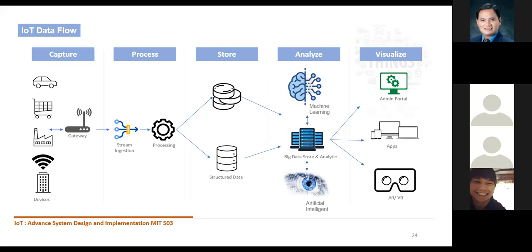Stream ingestion processing, storing structured and unstructured data, then machine learning, big data store and analytics, artificial intelligence, where you see all the algorithms it runs. It computes whatever is built into the program. After that, there is visualization, which is the external system: admin portal, apps, or API.